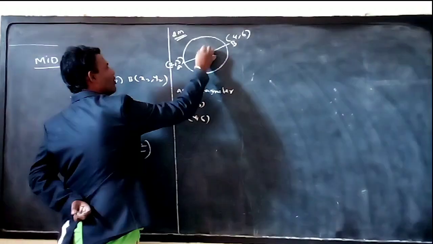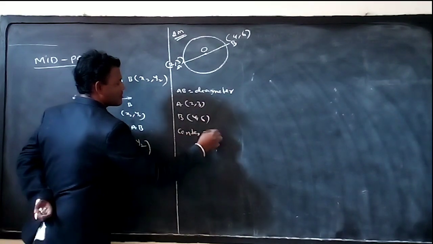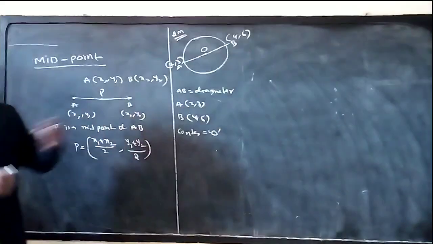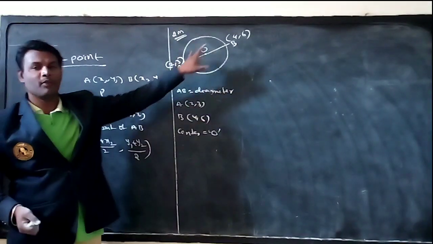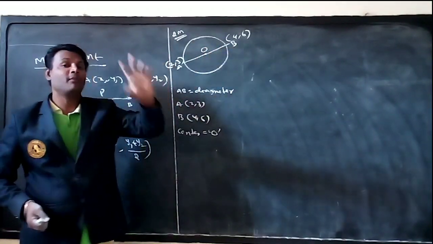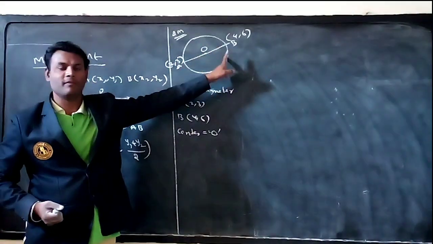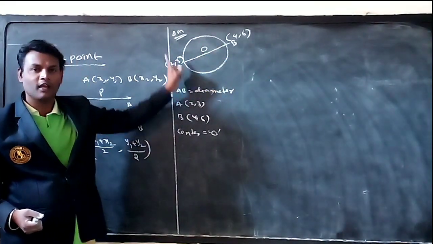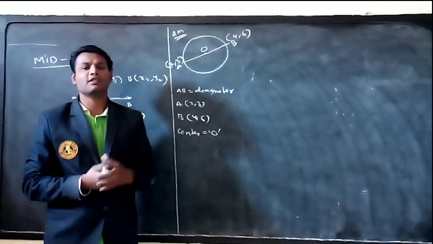Now let the center be O. Find the coordinates of O, which means you have to find the center. In a circle, AB is the diameter. A diameter has 2 ends, one is A and one is B. The coordinates of A are (2, 3) and of B are (4, 6).